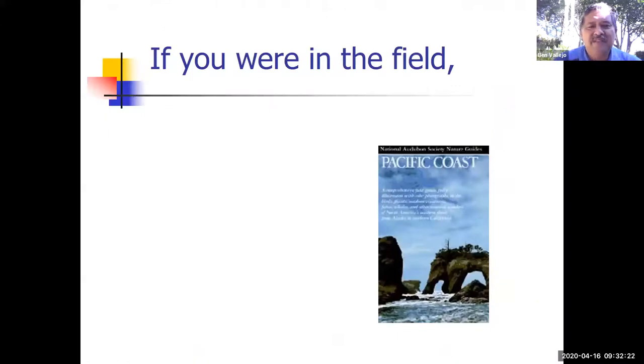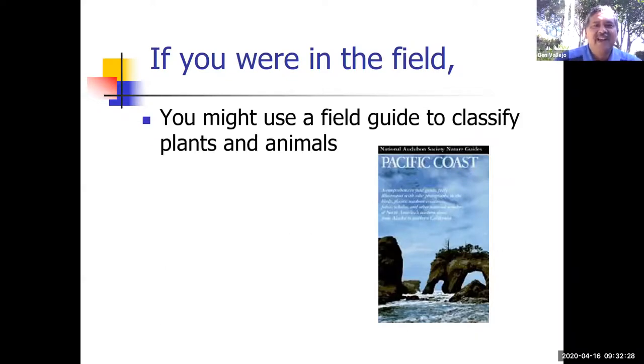Now, if you were in the field, you might use one of these. This is called a field guide. And you could use a field guide to classify plants, classify animals. This is one of my favorite field guides. It's the Pacific Coast Field Guide by the National Audubon Society. I have this book and I have dropped it into the ocean at least 3 different times.